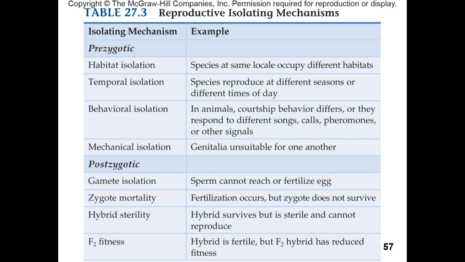Hybrid sterility: the zygote survives and offspring are produced, but the offspring are infertile. Or the hybrid is fertile but can't produce very viable offspring. So their offspring are not as fit, and they themselves can't produce offspring very effectively.